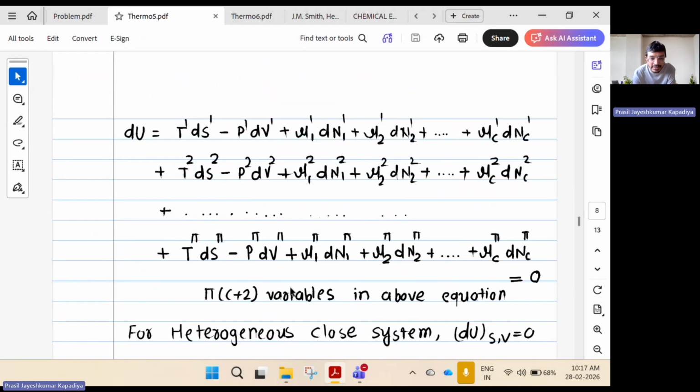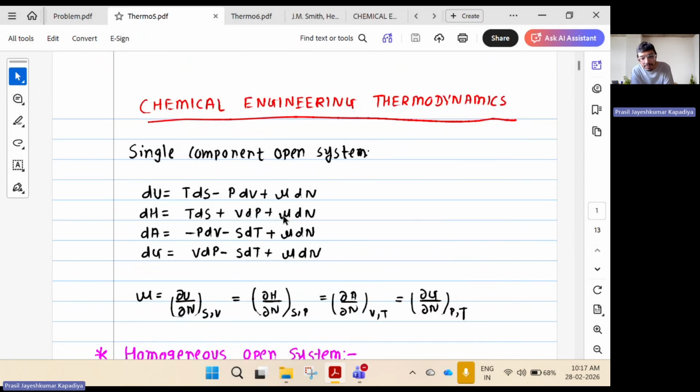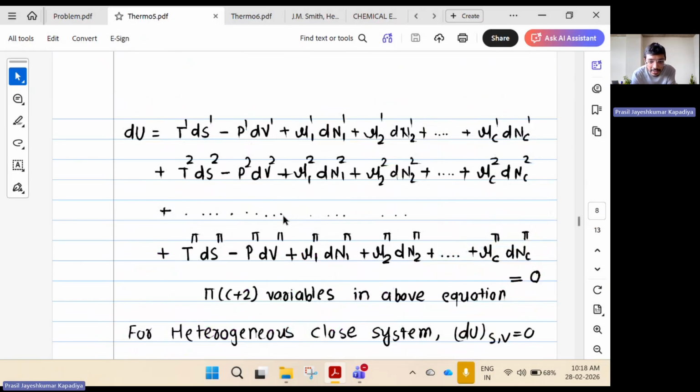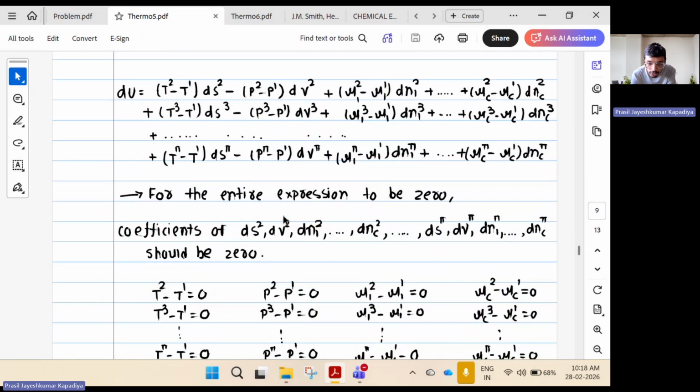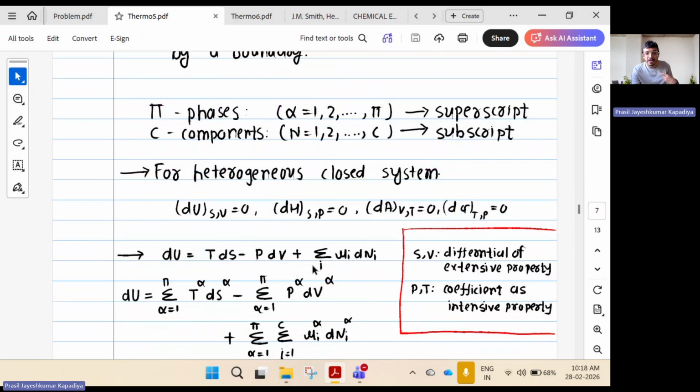But this can be derived from all these thermodynamic relations: dH is TdS plus VdP plus mu dN, dA is minus PdV minus SdT plus mu dN, and dG is equal to VdP minus SdT plus mu dN. So from all four relations, this Gibbs phase rule can also be derived, but Gibbs did it for the dU equation. The reason is only that the differential is extensive properties and its coefficient is intensive property. So it is easy to deal with the equations.